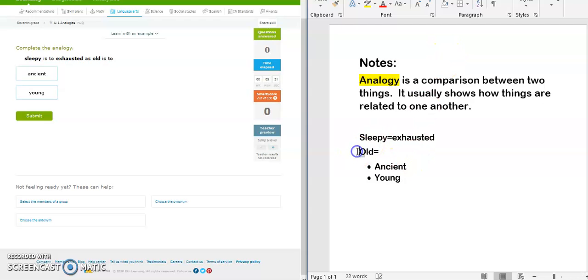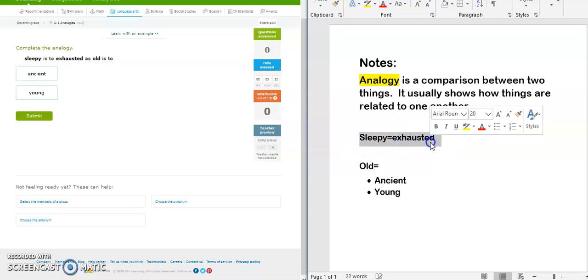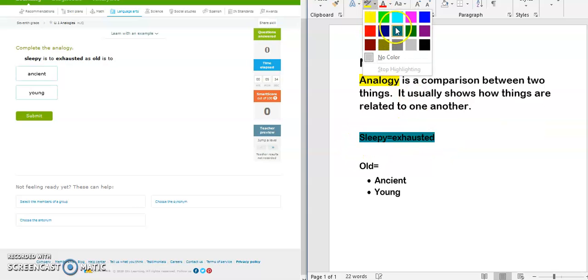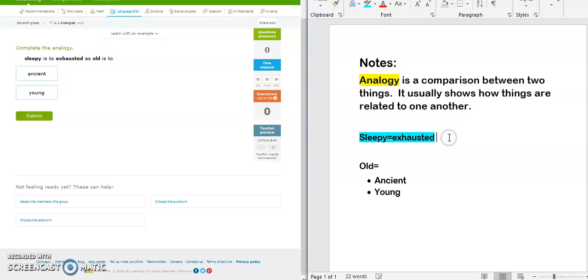All right. So I'm trying to figure out this part right here. So sleepy to exhausted. All right. Here's my first example, sleepy to exhausted. So I know sleepy equals I am tired.